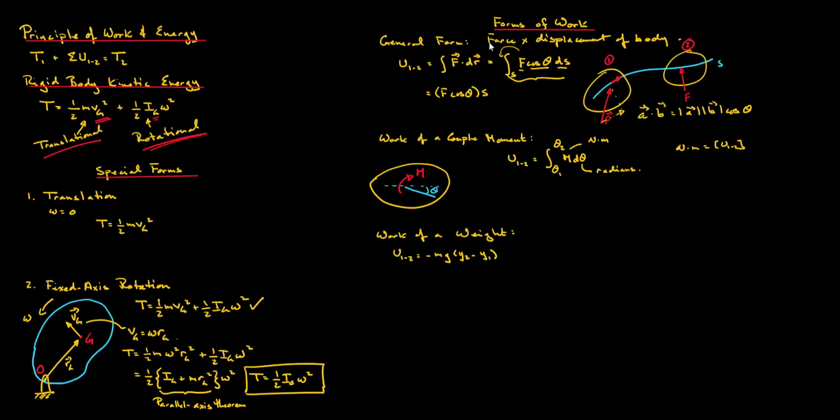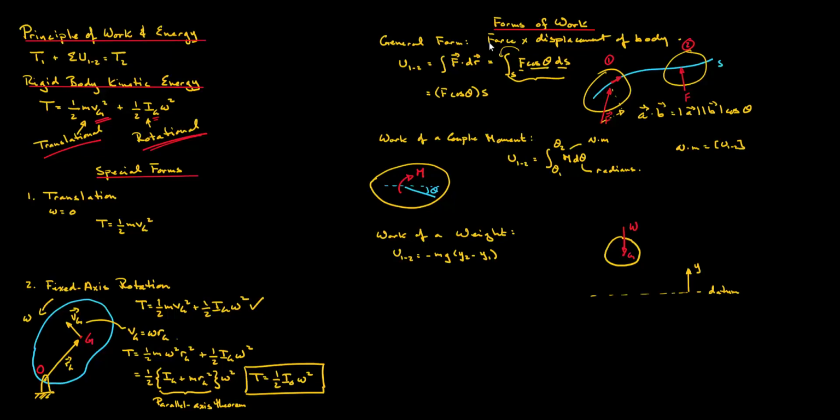So let's say we have a rigid body which has a certain weight, W, and this is at the center of mass G. Let's assume that y is positive upwards. This is what we would call our datum.